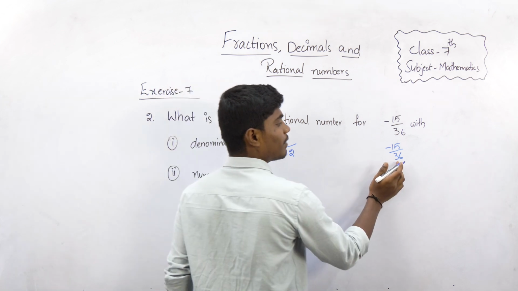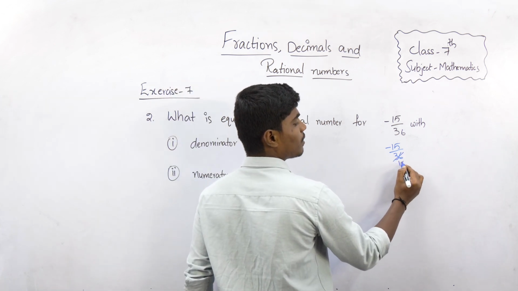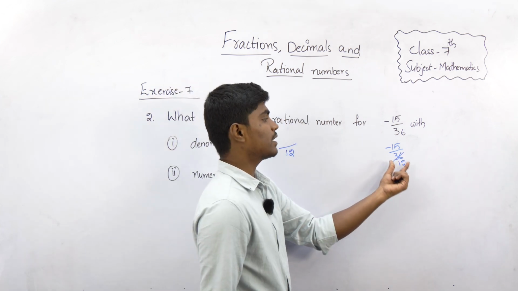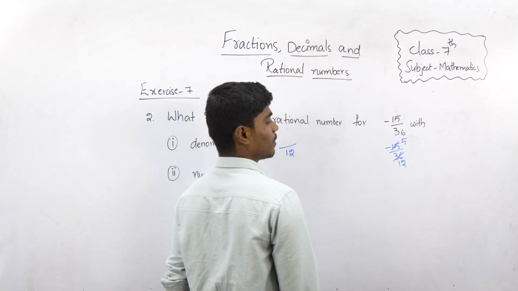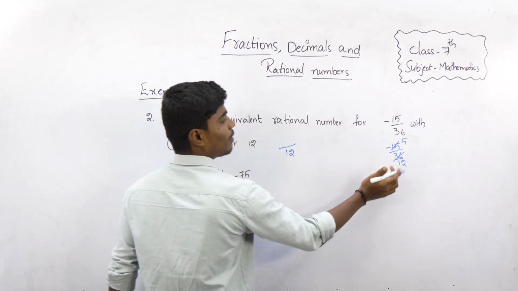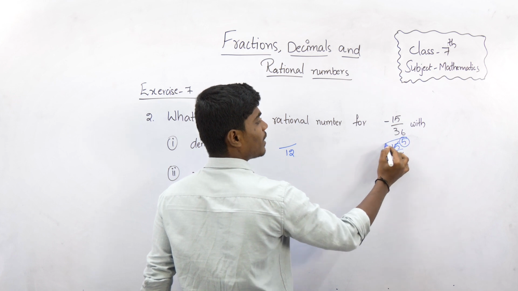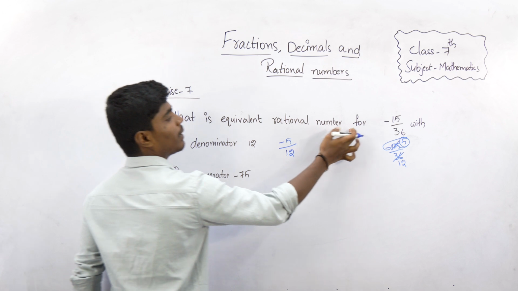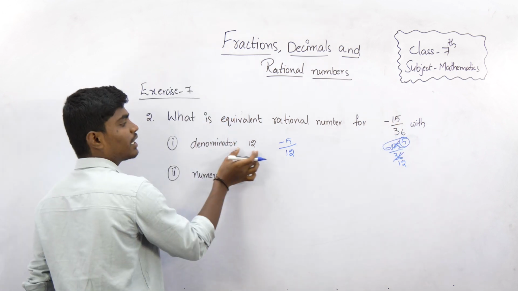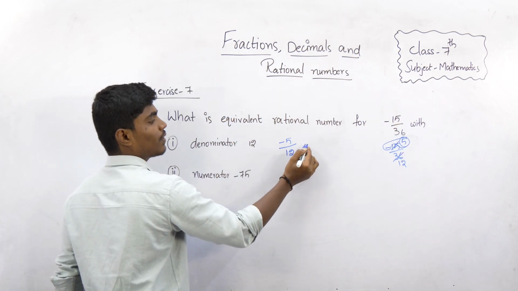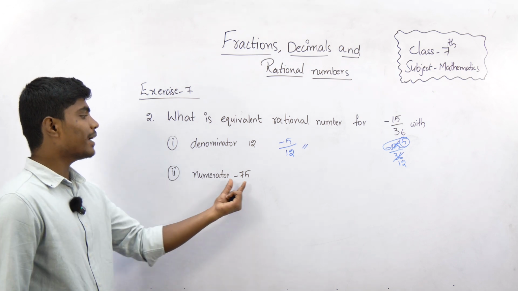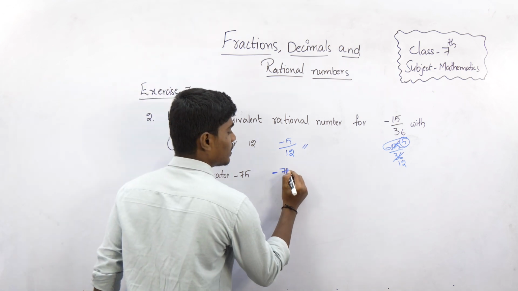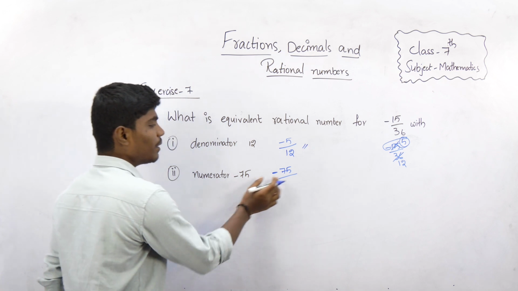So let's divide by 3. 3 2s are 6, 3 5s are 15... so 36 divided by 3 is 12, and 15 divided by 3 is 5. Here the denominator is 12, and what is the numerator? The numerator is minus 5. So the equivalent rational number for minus 15 by 36 with denominator 12 is minus 5 by 12. And next, the numerator should be minus 75.